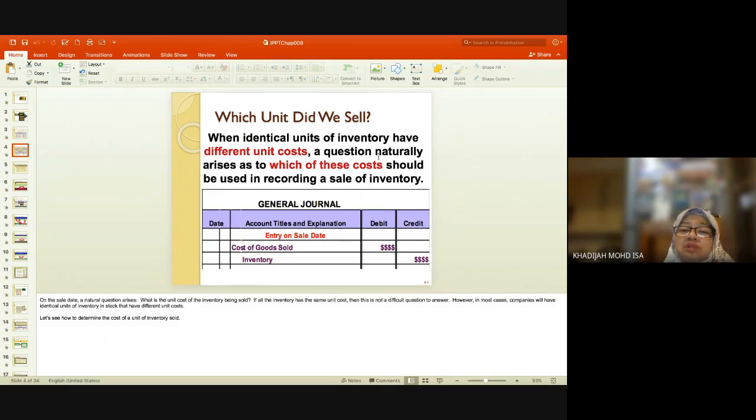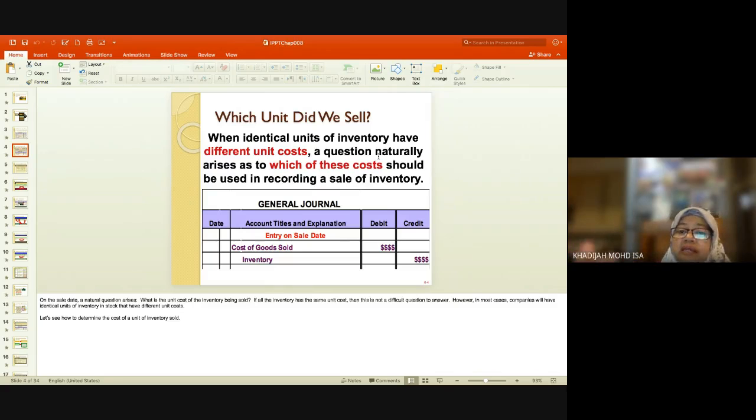So in that case, we have to identify which car, which item, which inventory you actually sell, because you have to record that. And for example, a boutique that sells very expensive clothing has to identify which cloth they actually sell, because they want to know the actual cost of that particular cloth and its selling price, as other clothes may have different pricing.